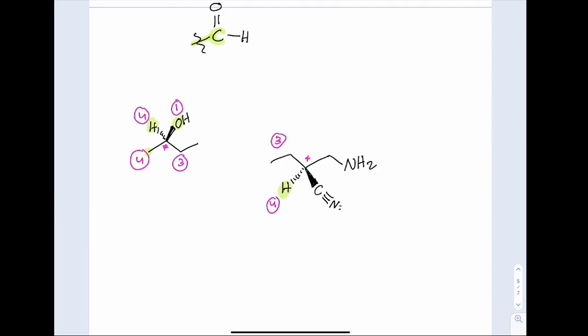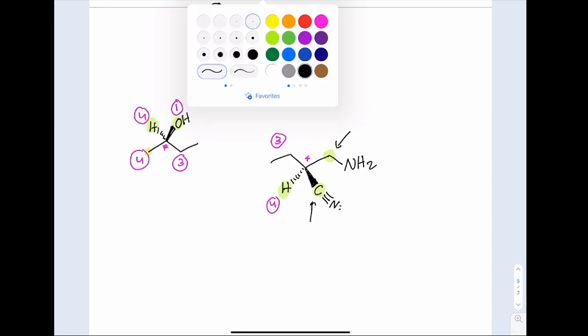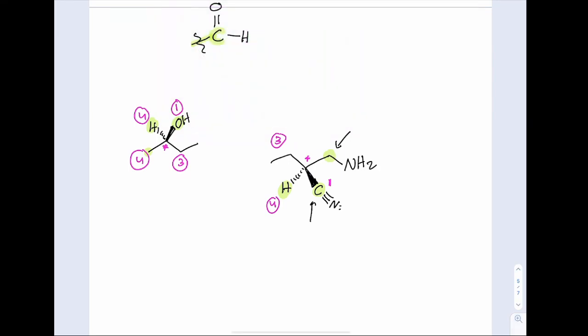So when I'm comparing this carbon right here to this carbon right here, this carbon is bonded to 2 hydrogen and 1 nitrogen. This carbon is bonded to 3 nitrogen, right? If I have a multiple bond, I'm going to think of it as being bonded to that number of the atom. So I have a triple bond, so it's bonded to 3 nitrogen is how I want to think about it. So that one is actually going to be my highest priority group. And this one is going to be number 2.